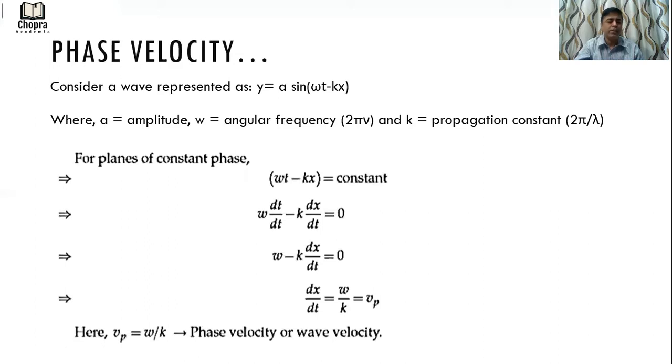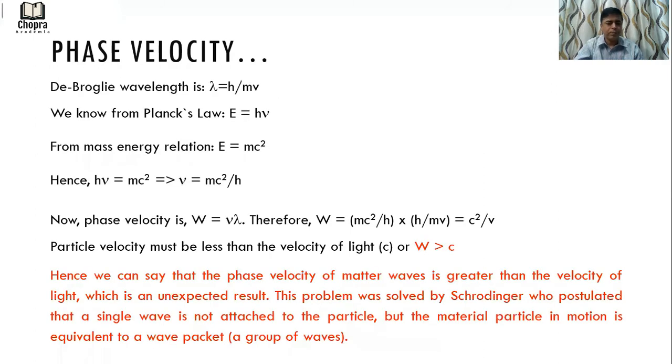Now, another very important thing we have to understand is that the phase velocity seems to be more than c. So that is what we are trying to see in this very small derivation. De Broglie wavelength is given as lambda equal to h by mv, and we know from Planck's law E is equal to h nu, and from the mass energy relation we know E is equal to mc square.